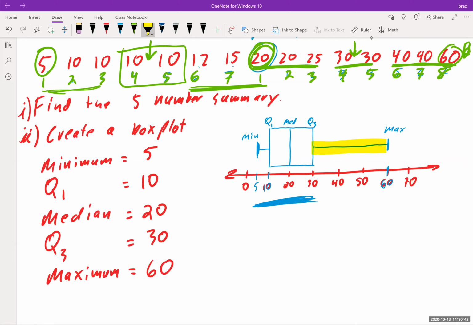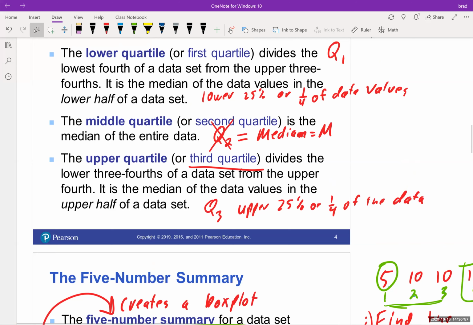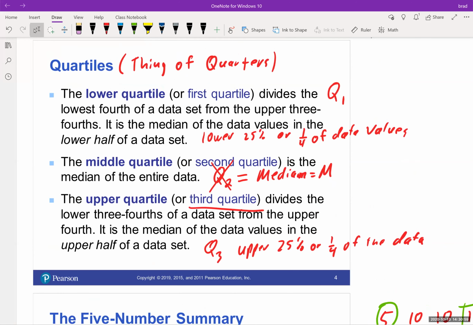So I just wanted you guys to see that that's literally all there is to building a box plot: you find the 5-number summary. Once again, I think it says it over here. To find the lower quartile, it's the median of the data values in the lower half of the data set.